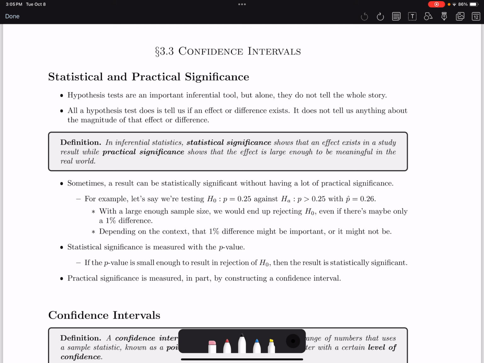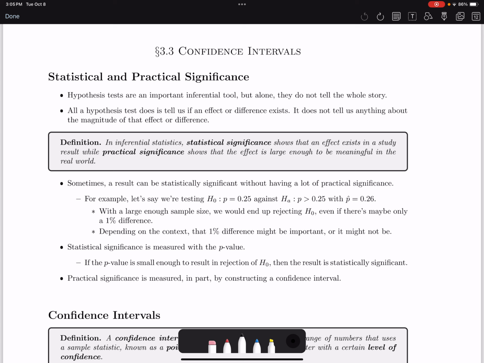So sometimes a result can be statistically significant without really having a lot of practical significance. For example, let's say that we're testing p equals 0.25 against p greater than 0.25, and let's say that our sample evidence is that p hat is 0.26. Now, if our sample size is large enough, then we would reject the null hypothesis here in favor of the alternative, okay?